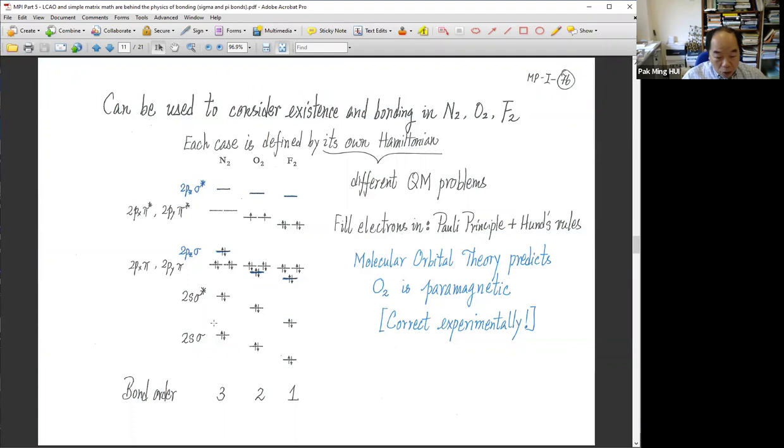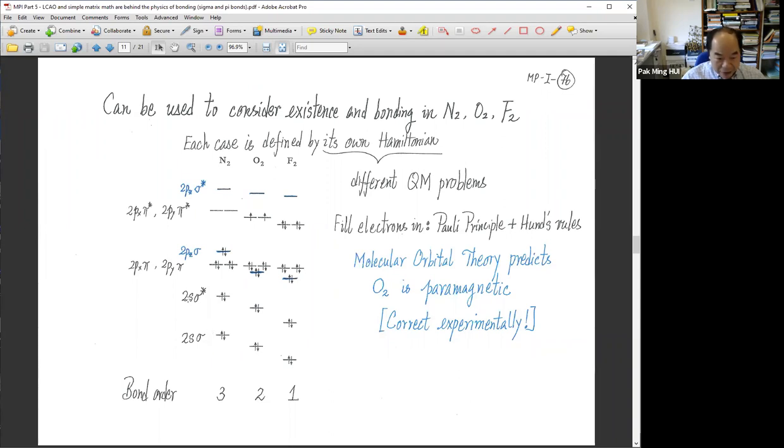Here, I also show you how the electrons are filled up. For N2, we have 6 electrons to fill the p orbitals, the PMOs. So we can fill all the bonding states. And there is no electron in the anti-bonding PPMOs. So we count how many are in the bonding. The lazy way is don't count the completely filled ones because they will cancel off, right?